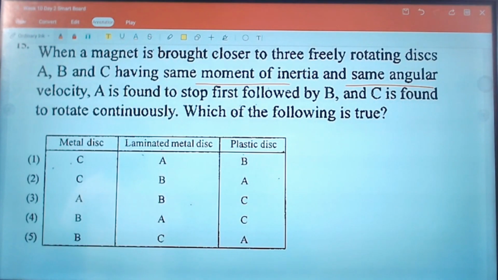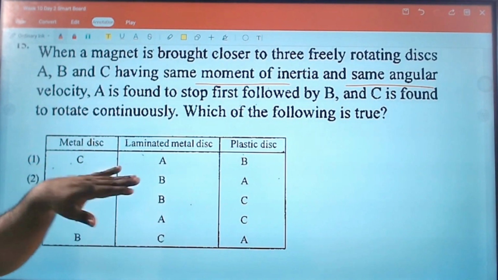Then B stops. So if there is a laminated disc, eddy currents will not form much.